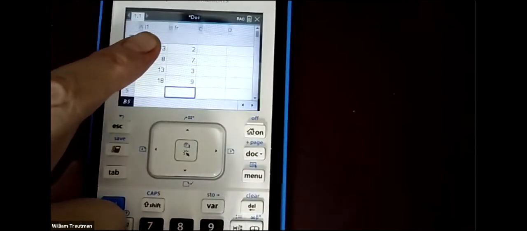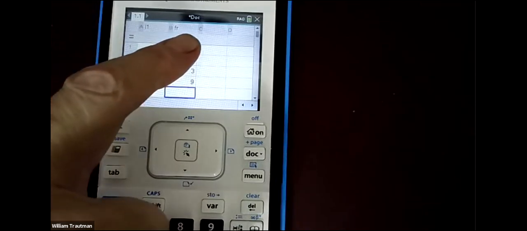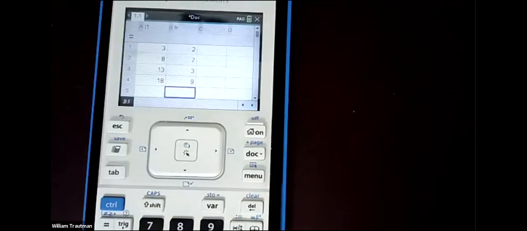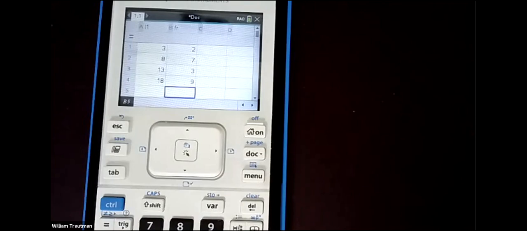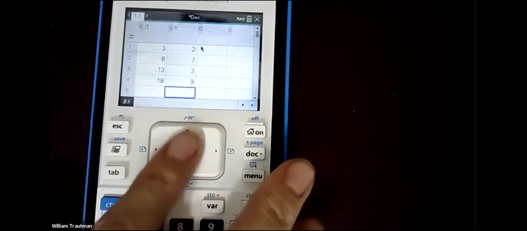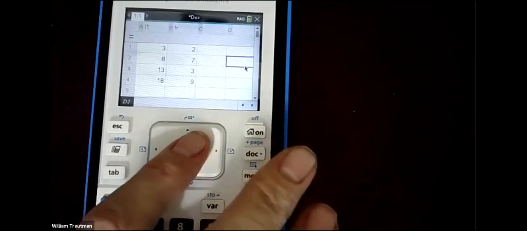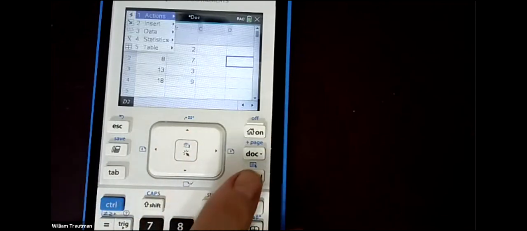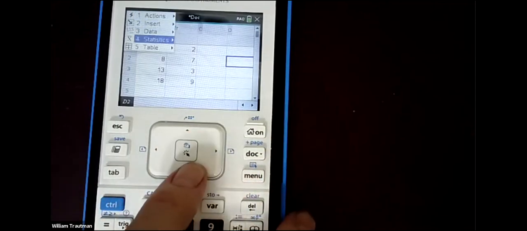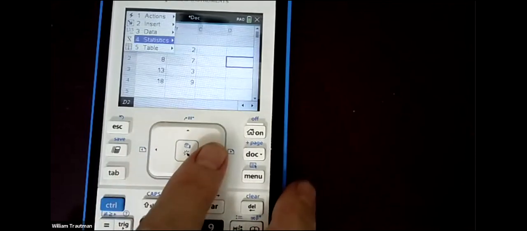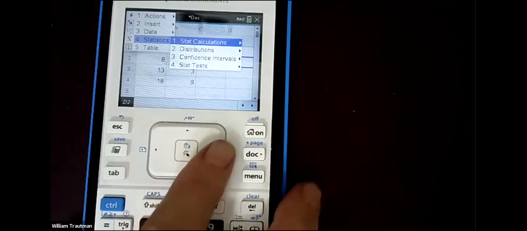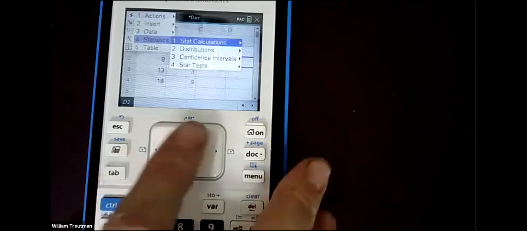So I added in, do you see the first list I labeled it L1, the second list I labeled it frequency. You can label it anything you want. Once you do it, you click somewhere over to the right. I click somewhere over here to the right, hit menu, go to number 4, statistics. And number 1, stat calculate.